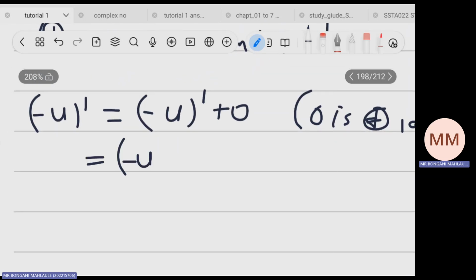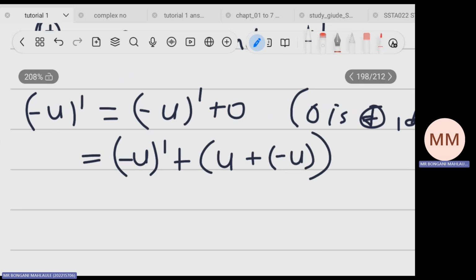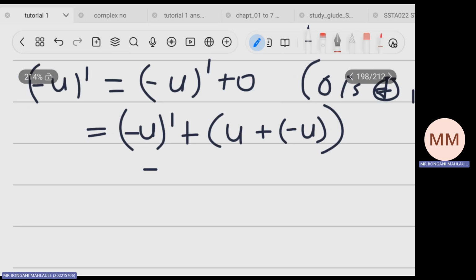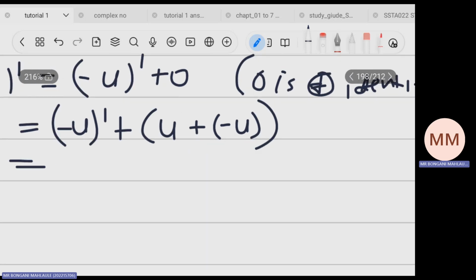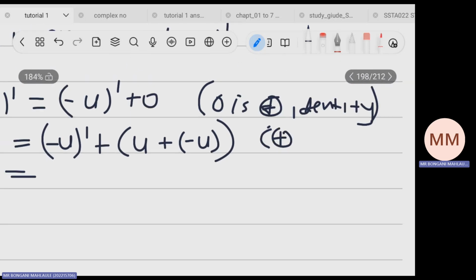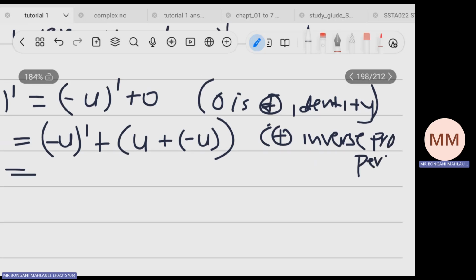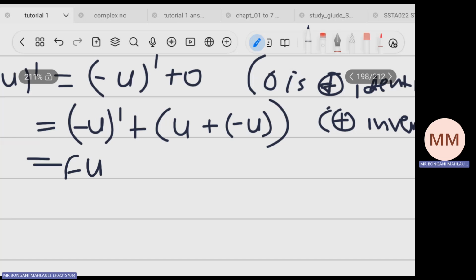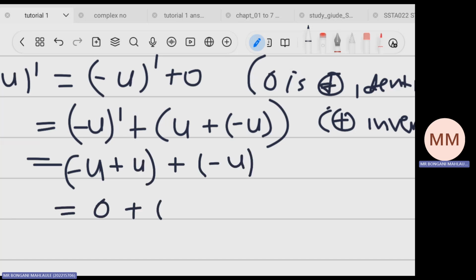Then we can change 0 to be u plus negative u. This is true. Then by the additive inverse property, and if I apply the associative property, this will be negative u plus u, plus negative u, which is 0 plus negative u.